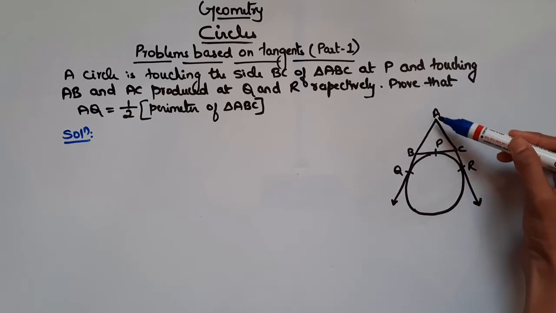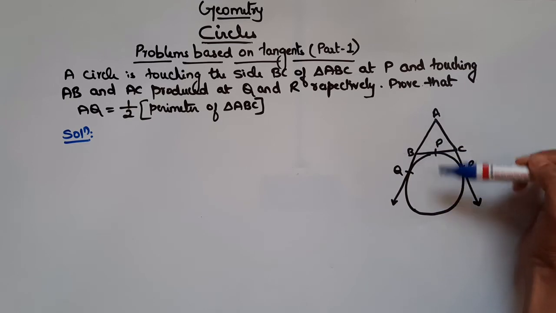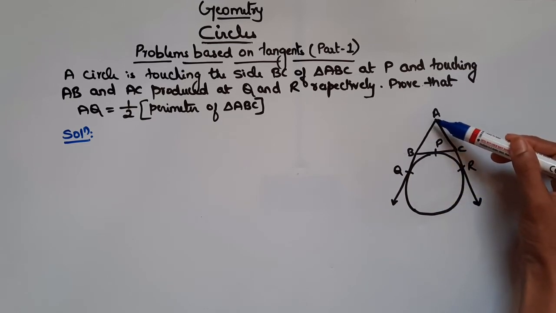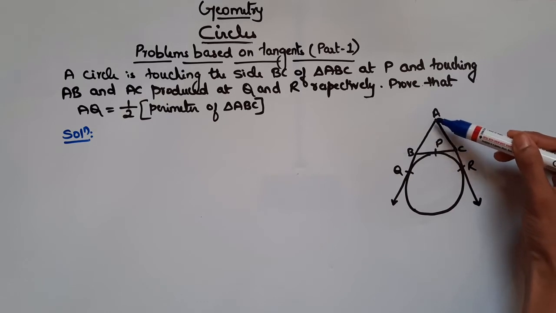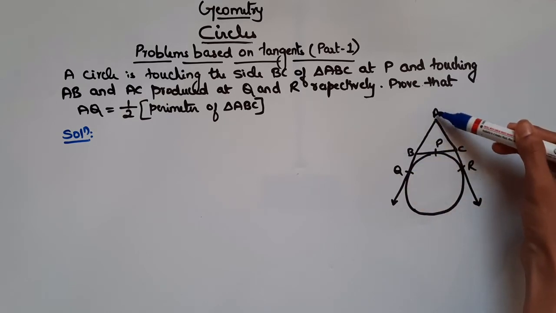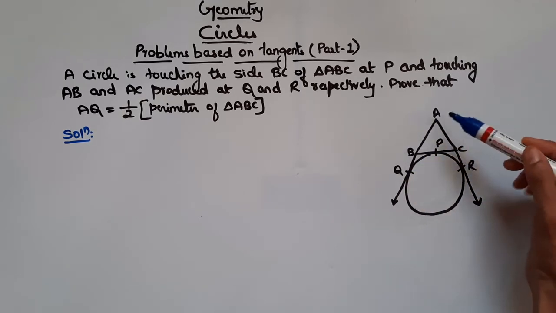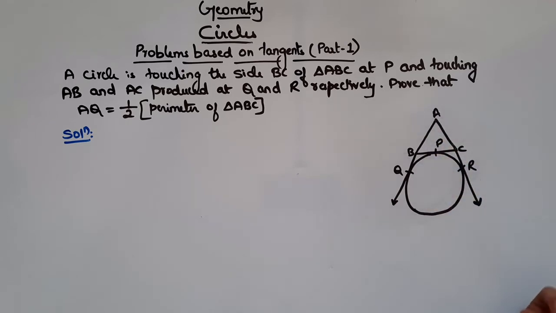Similarly, if you see point A is also the external point to the circle. So tangents drawn from point A are equal. So here the tangents are AQ and AR. So according to theorem we can say AQ is equal to AR. Right? So first let's write that.